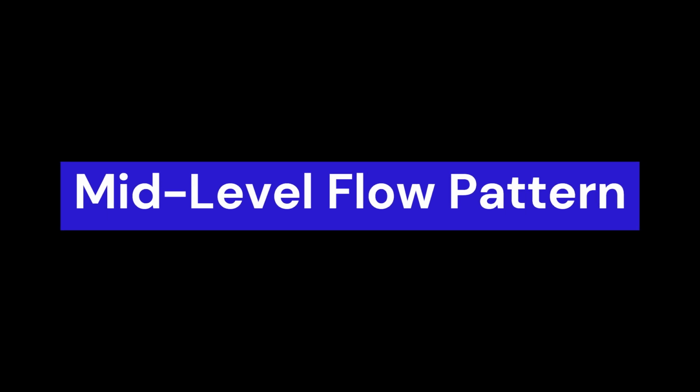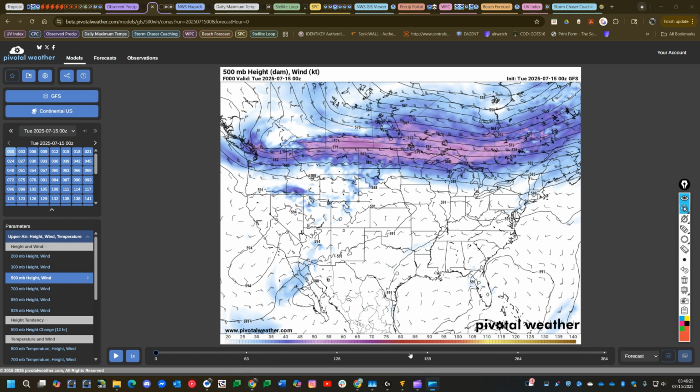So at the mid-levels of the atmosphere, which is 500 millibars, you can see we have a really zonal flow going on with a mid-level feature off the California coast. Excuse me. That mid-level trough and shortwave that I showed you on the upper levels is reflected at the mid levels too as it moves through.